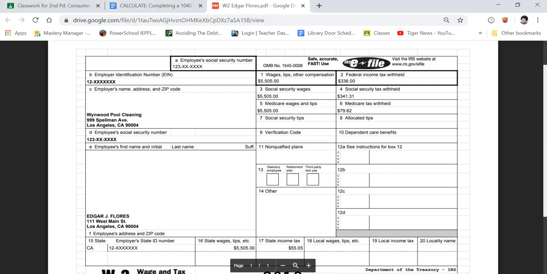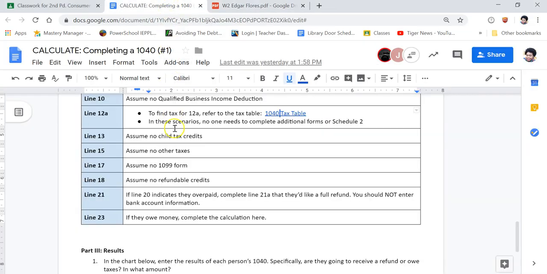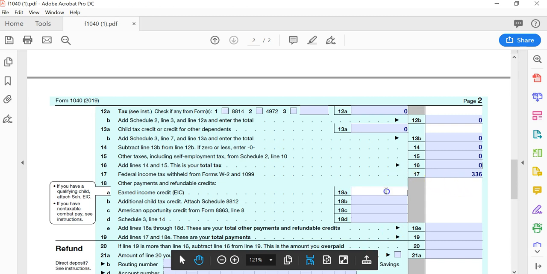Going back to our cheat sheet, for 17, we're assuming that there's no 1099 form, so we just have what's on the W-2, so no additional income. Number 18, assume no refundable credits. Number 18 is going to be 0. So all of this ends up being a 0 here.